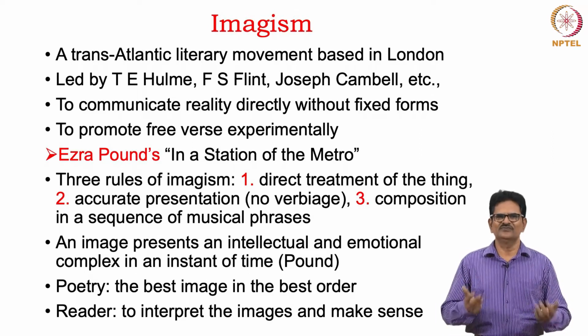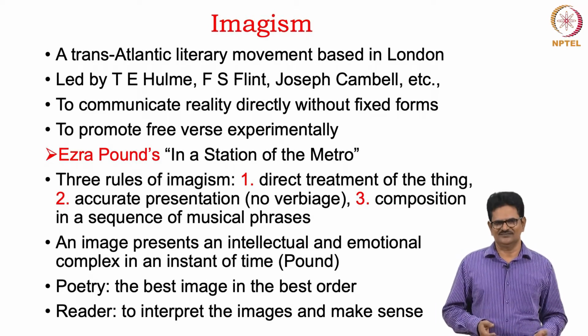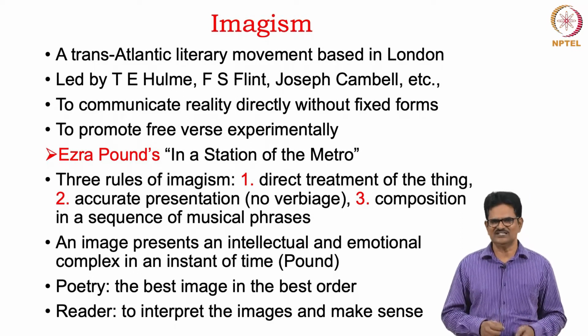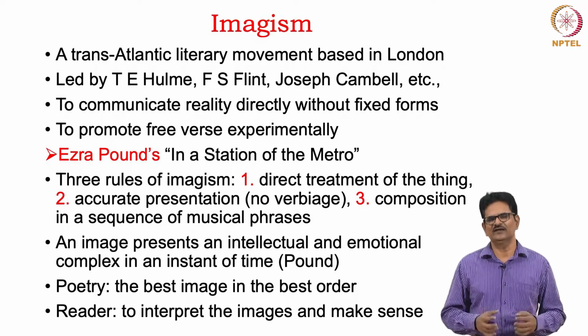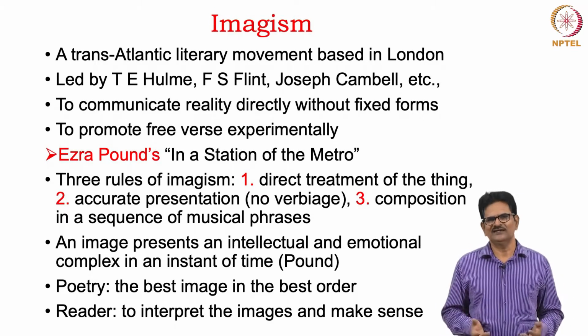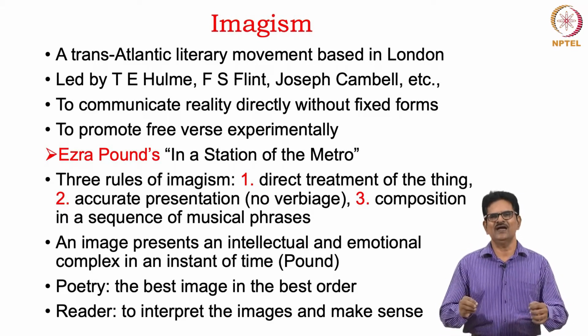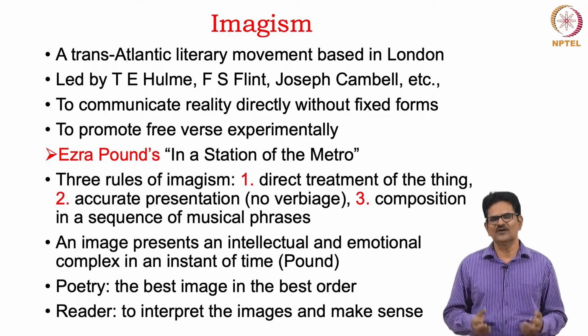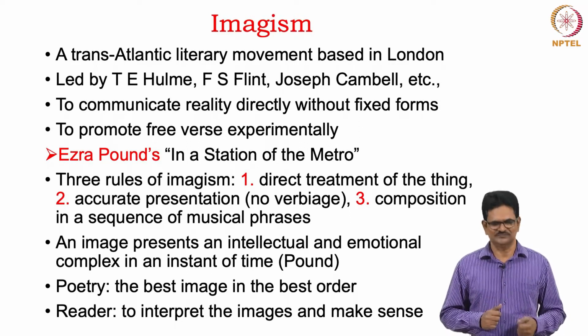Finally, the burden of understanding the poem is on the reader. The reader has to interpret the images and make sense, and that is where they had a lot of difficulties. Because of this, poets like Eliot had to pitch in and provide annotations for the poems that they wrote.